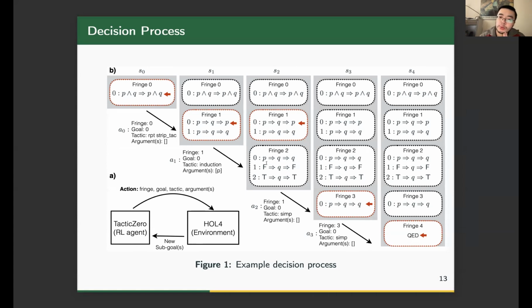Then we choose one particular goal in that fringe and apply some new lemmas, a new proof step, and we generate something new, and that gives us the next state. We keep doing this until we reach an empty fringe, in which case we know that the original goal is solved, and we can recover a proof of that.